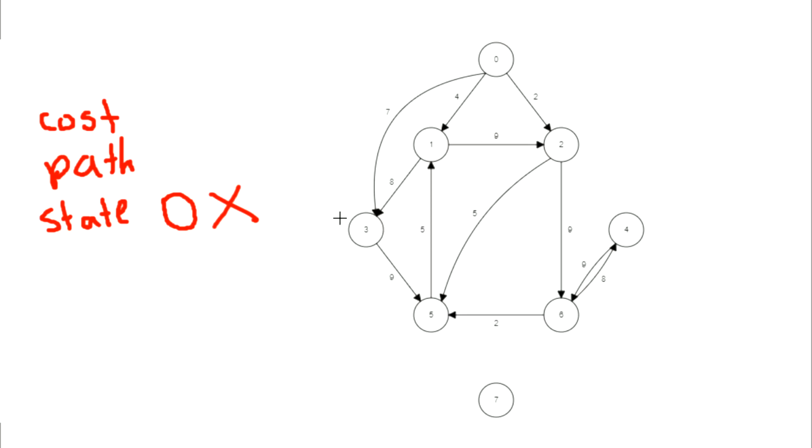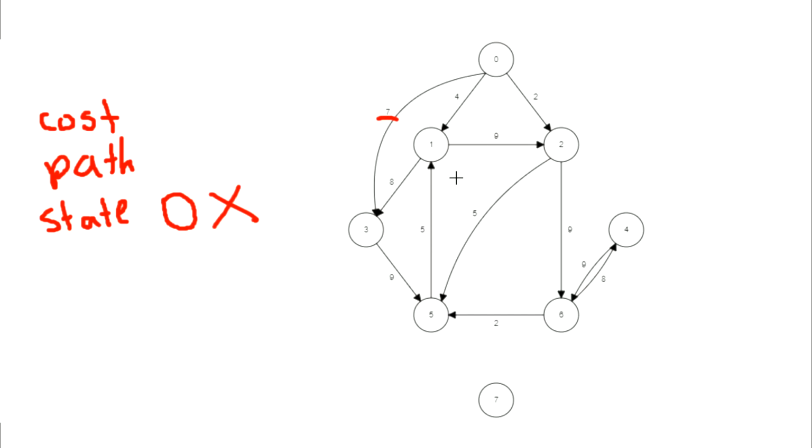The path is the previous vertex. So let's say I went from 0 to 3. The path to vertex 3 would be 0, because I came from node 0. And the cost is basically, if I went from 0 to 3, the cost of 3 would be 7, because it has taken me 7.